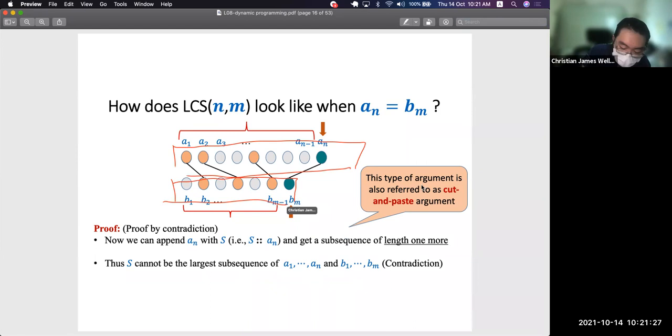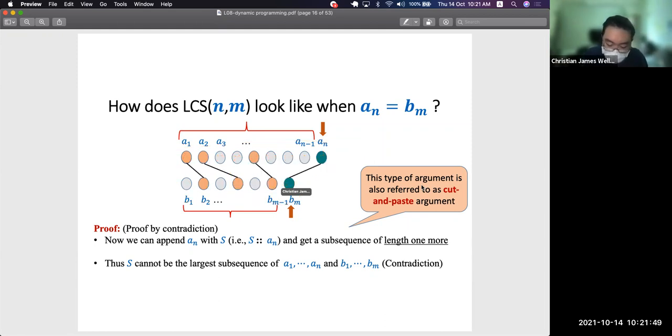For example, this is maybe A, B, C, C, D, D, and this is some garbage, Z, X, Y, W, A, 1, 2, 3. The garbage doesn't match, so it's not in the common subsequence. You want to match A and A, B and B, C and C, D and D.